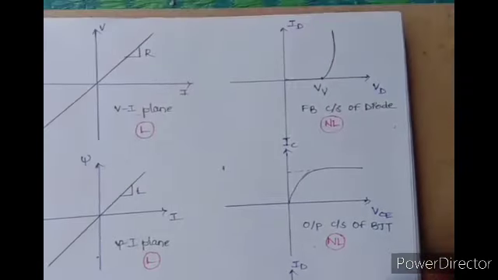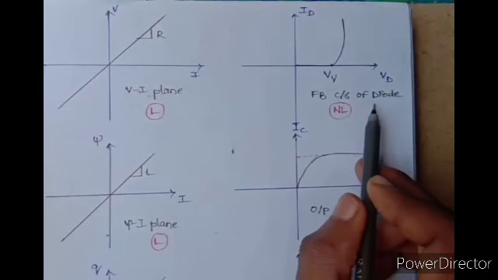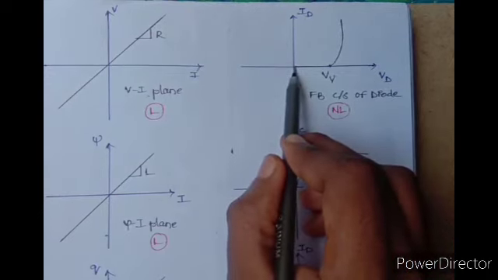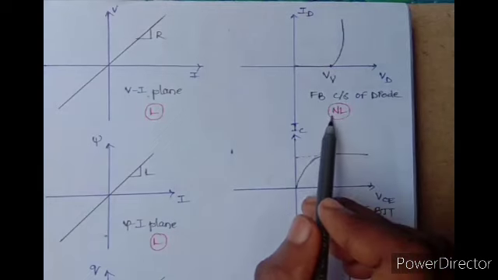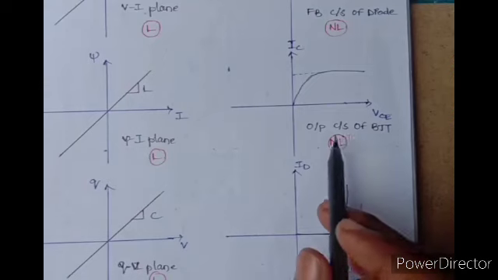Now look at these examples. This is the forward bias characteristics of diode, which is passing through origin but not a straight line. That means diode is a non-linear device. Now look at this.